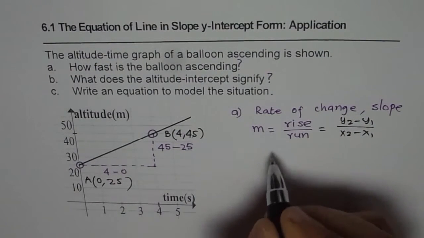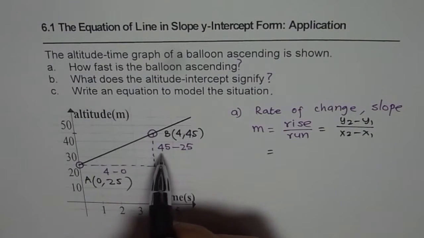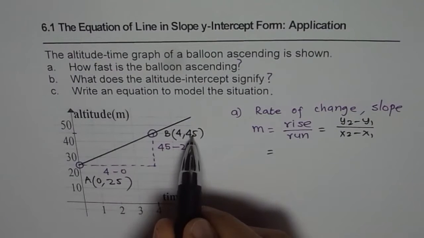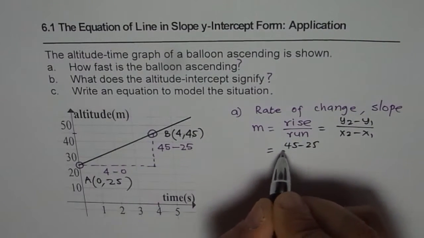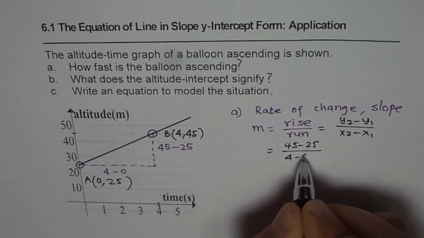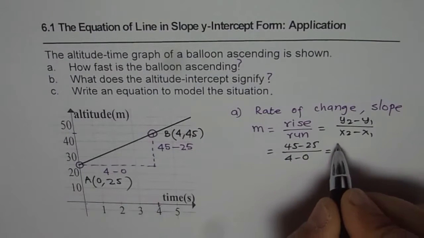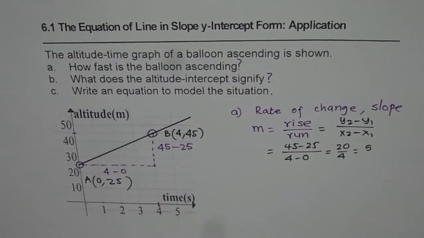You could read from the graph and write it like this. What is y2 minus y1? 45 minus 25, divided by 4 minus 0. That gives us 20 divided by 4, which is 5. So the slope is 5.